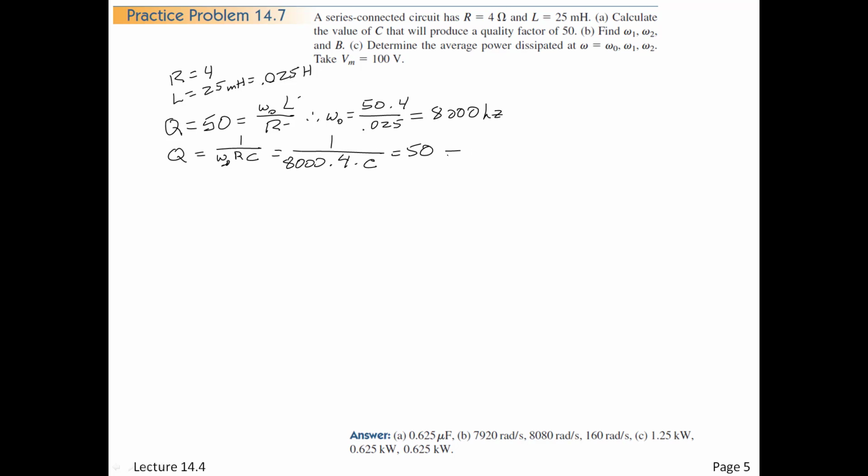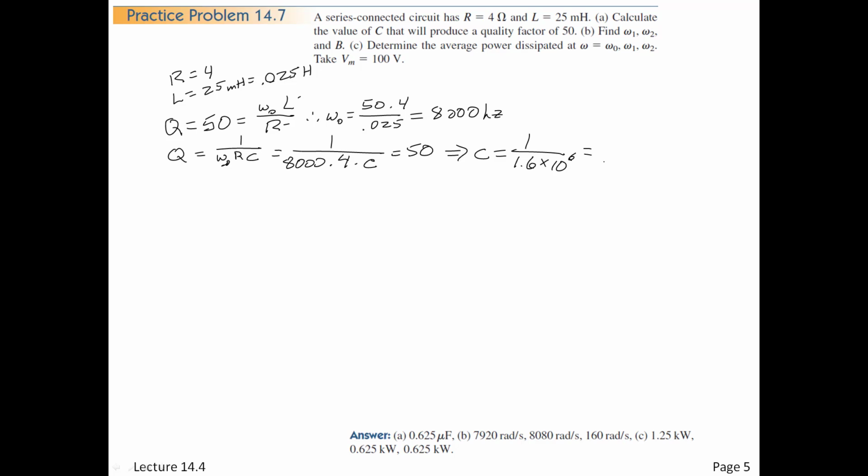And when you do the math there, I'm not going to take time for all of the cancellations and so forth, C will be equal to 1 over 1.6 times 10 to the 6th.